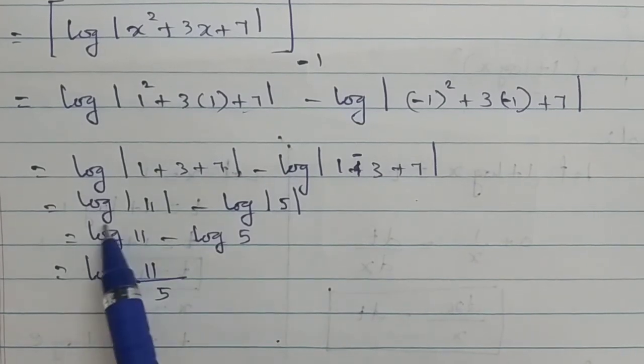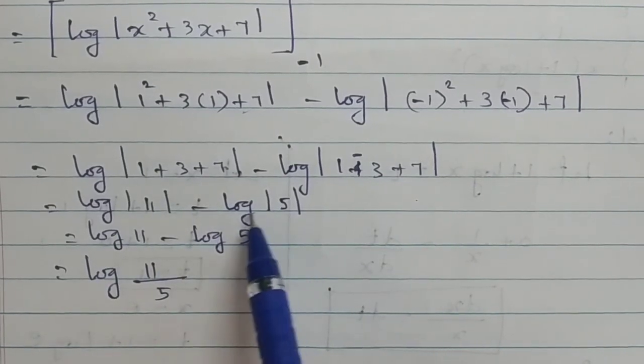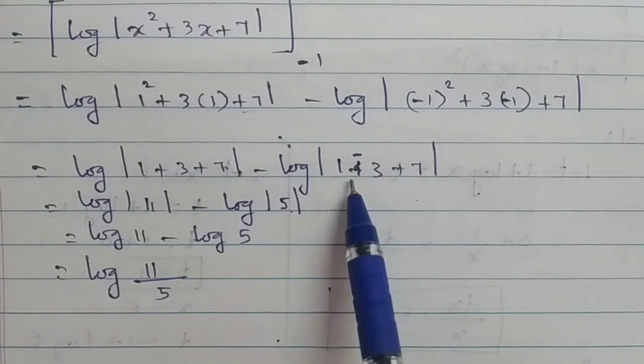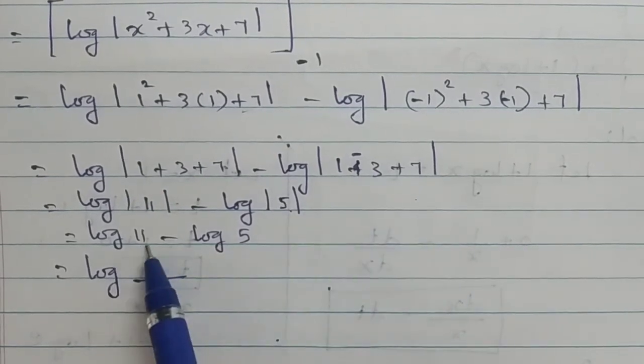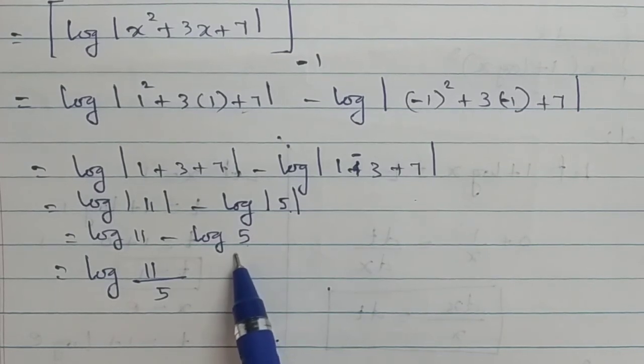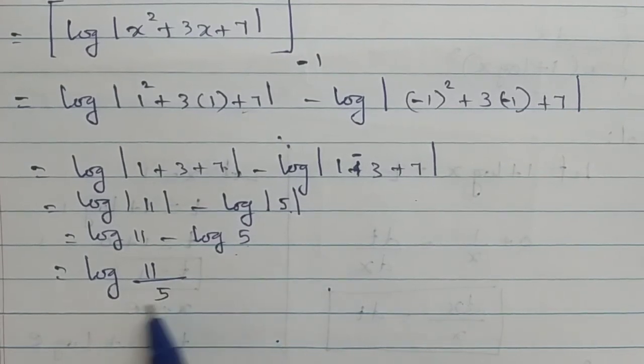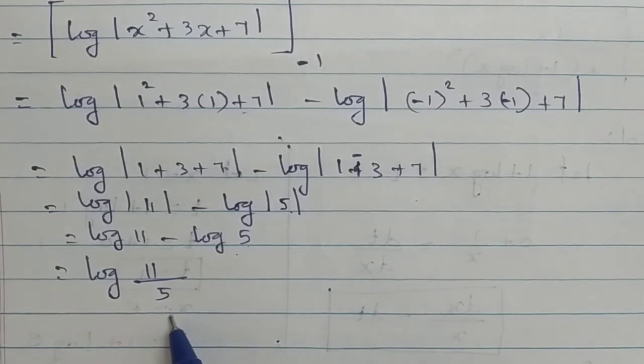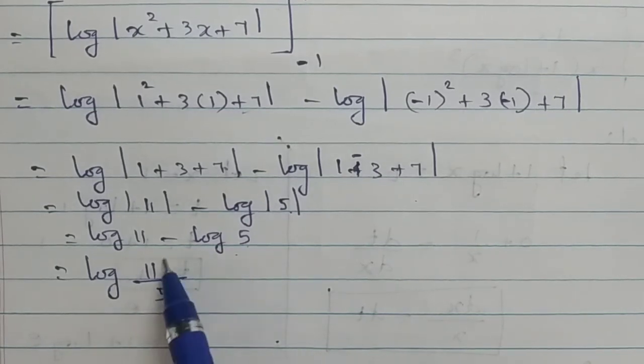So log modulus of 11 minus log modulus of 5. Log a minus log b equals log a by b. So log 11 by 5.